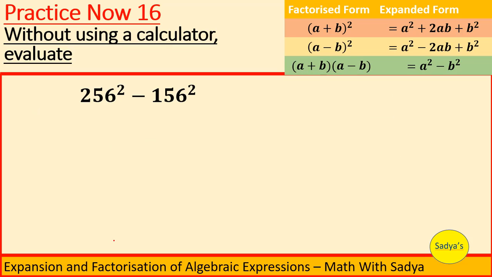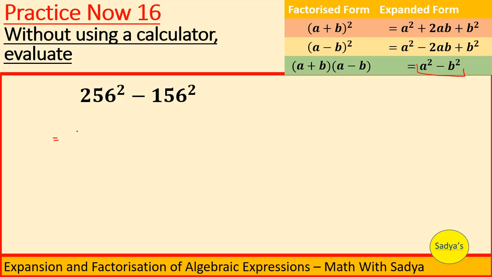The question is, without using a calculator, evaluate 256 squared minus 156 squared. Now if we look at the identities, we can see this is a squared minus b squared, which is the expanded form of the third identity. So we can write it as (a plus b) into (a minus b).